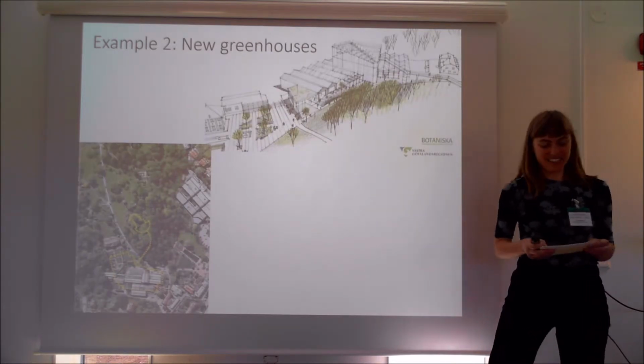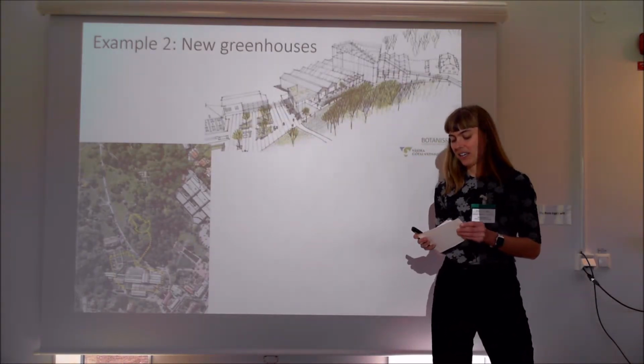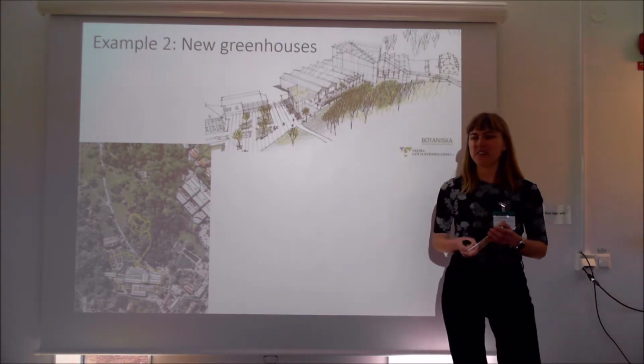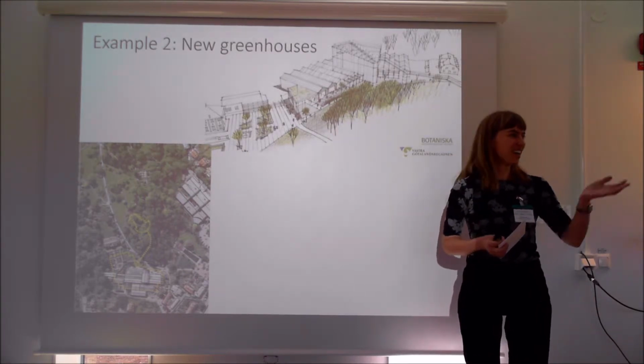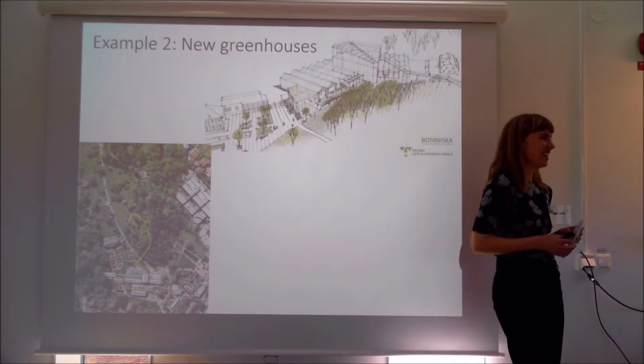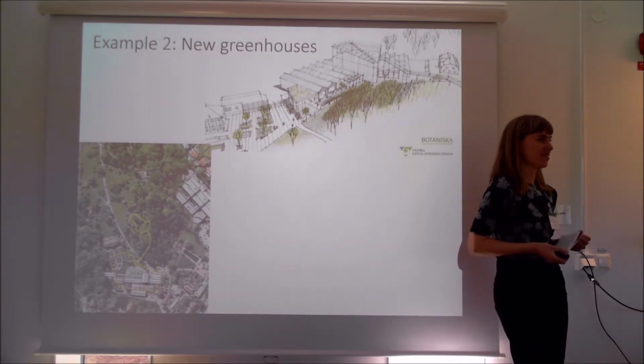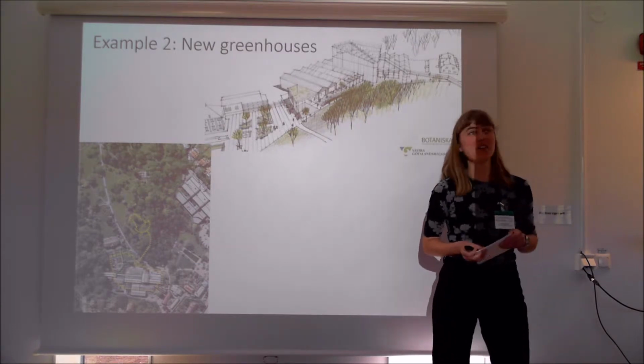The next example is the new greenhouses. If you went to the garden tour yesterday, I think Mats was talking about it. You will see a model when you have the drink after the session.